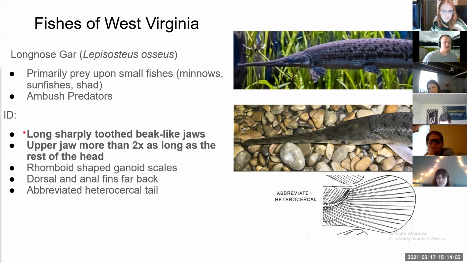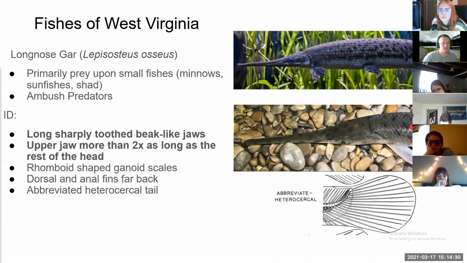So yeah, things to look for is this long, sharply toothed beak-like jaw. So this is the long-nosed gar. So this rostrum is going to be greater than the length of the rest of the head. So the head would end right about here. And you can see it's clearly much longer than that. So it's about 2 times as long, sometimes maybe longer.